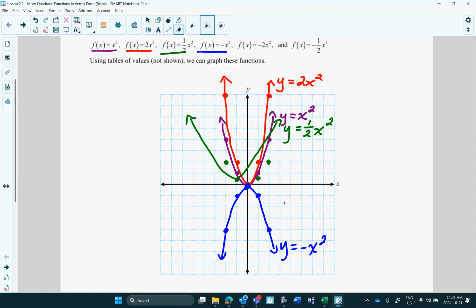Why did it move that? Sorry, I gotta skip this one. There. Purple. There we go. Okay.